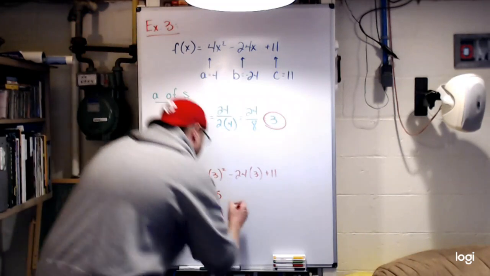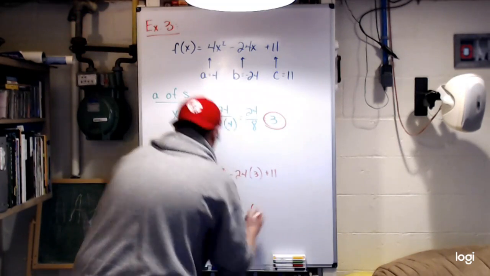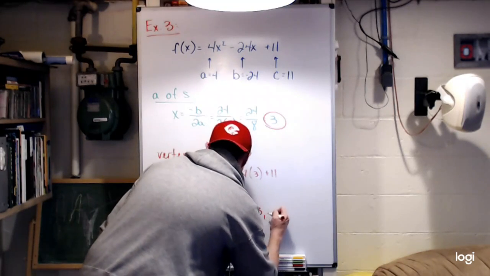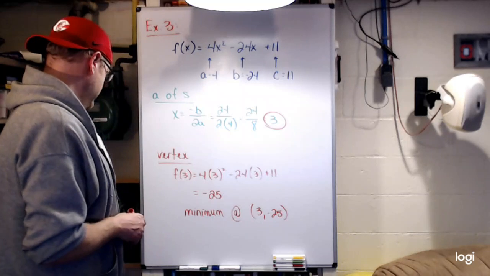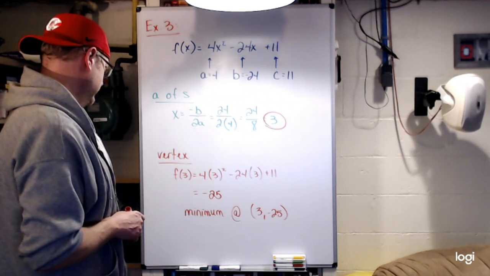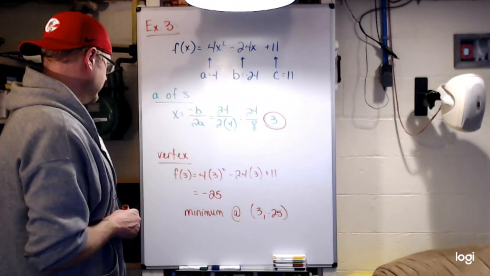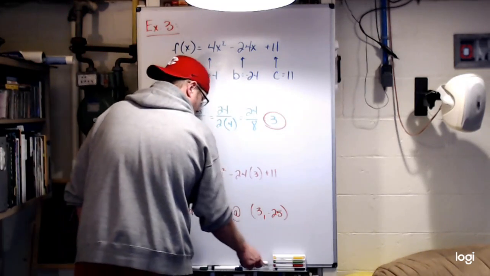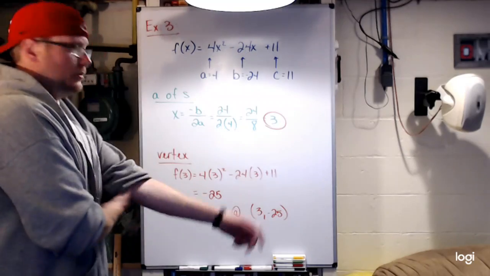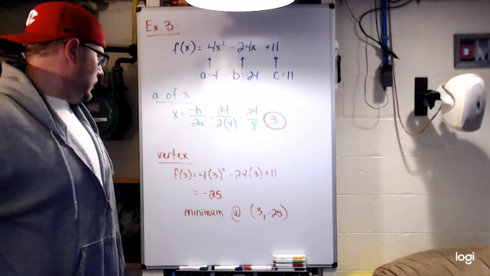It's going to be a minimum at 3, negative 25. Once again, did I do that right? 36 minus 72, negative 36 plus 11. Math seems pretty solid to me. All right. So your lowest point is going to be at 3, negative 25.